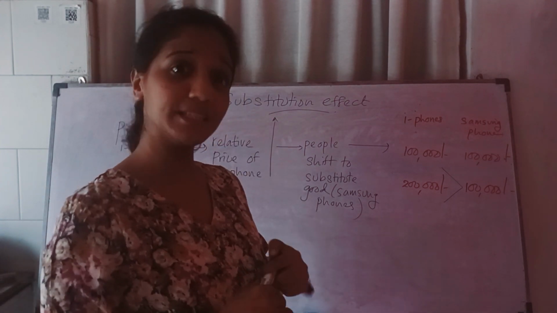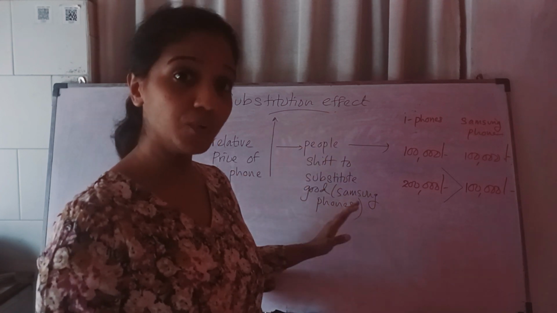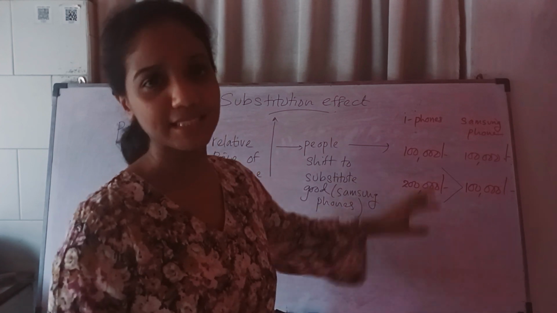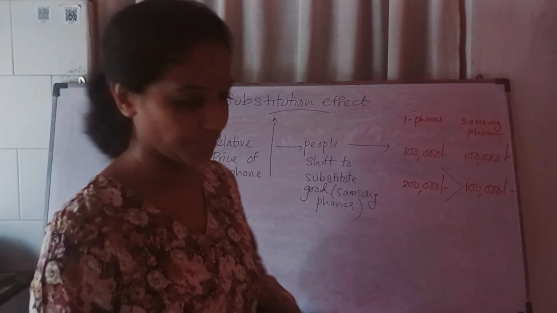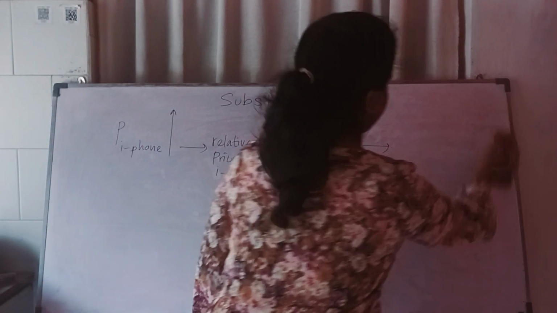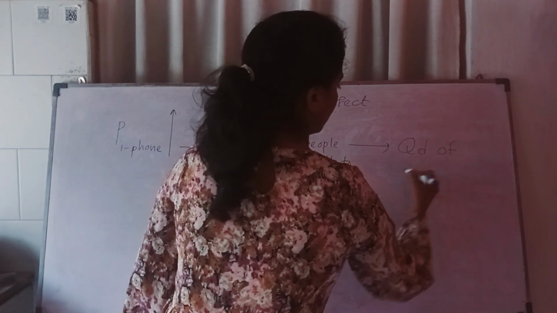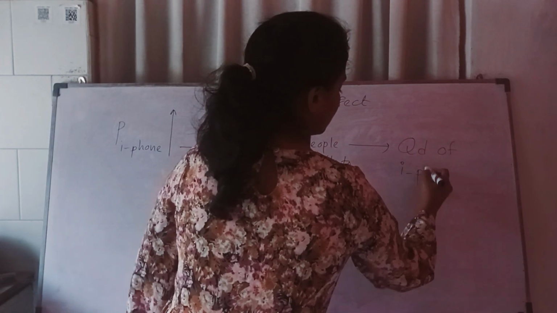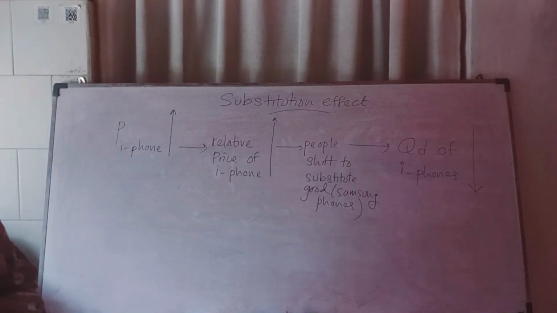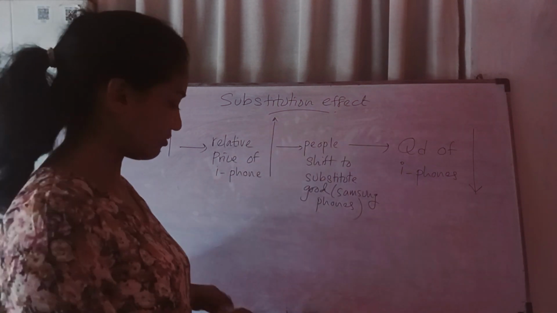The quantity demand of iPhones reduces because people now buy Samsung phones. They reduce the quantity demand of iPhones, right? So the quantity demand of iPhones reduces, right? So here, children, what is actually the substitution effect?